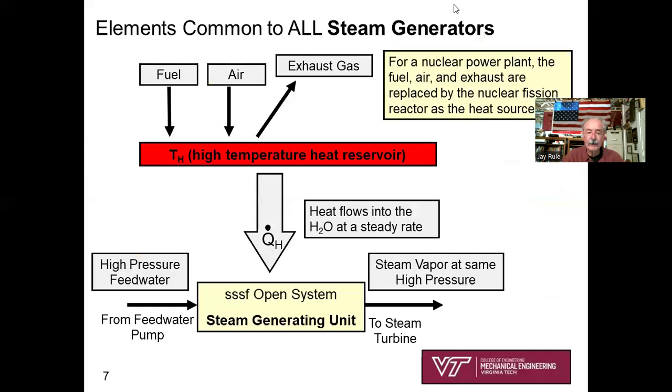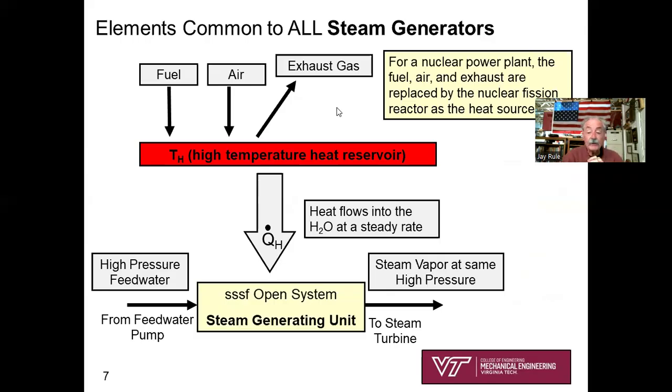For all steam generators, what do they have in common? Well, they all have in common a high temperature heat source, which could be fuel and air with the byproduct of an exhaust gas, or for a nuclear power plant, the heat source would be the reactor heat release.